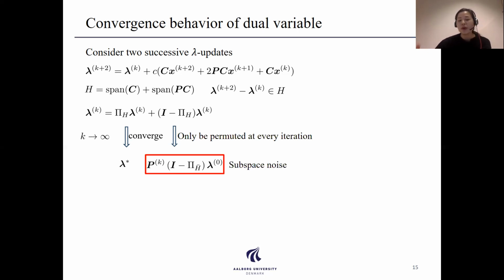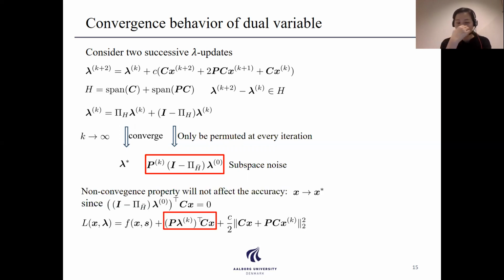And we propose to exploit this part since it only depends on the initialization of lambda 0, right? So we can make its noise variance very big, such that it can protect our private data.